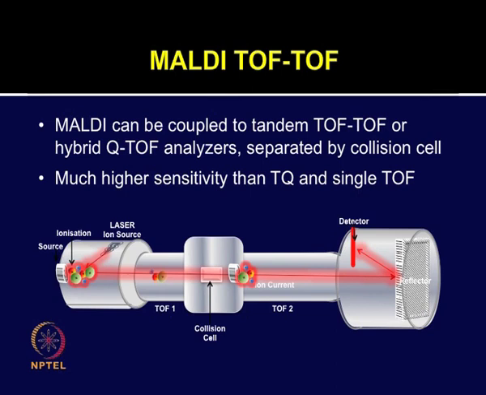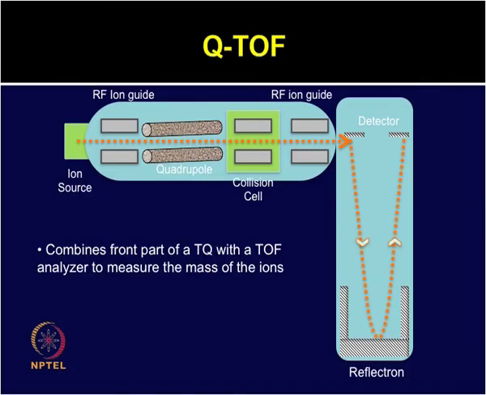In this one, two time of flight tubes as well as hybrid quadrupole time of flight analyzers can be used. We have discussed the multi-TOF system in some more detail in the previous lecture, so I will move on to another configuration, which is Q-TOF. The Q-TOF combines a front part with a quadrupole, or it can be a triple quad TQ, along with the TOF analyzer to measure the mass of ions.